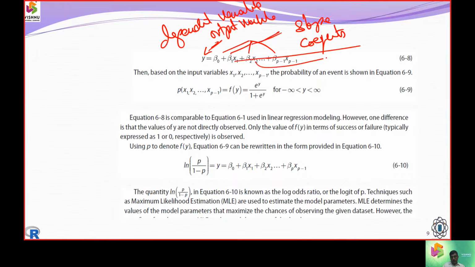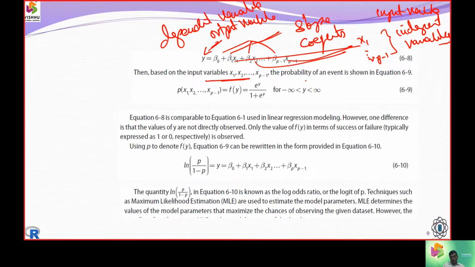We have x1, x2, up to xp minus 1. These are called independent variables. These are also called input variables.